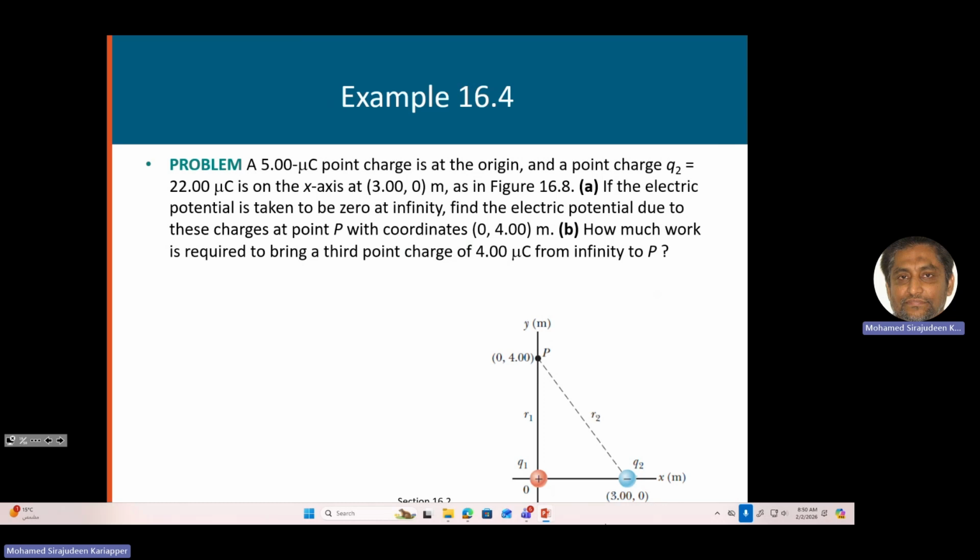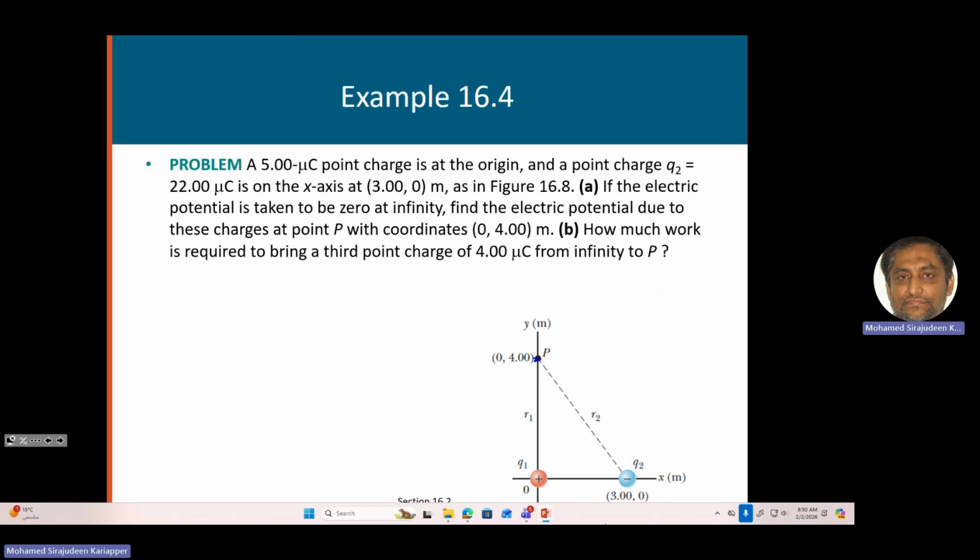Simple question. If you asked what is the electric field at point P, it would have direction, and then we would need vector algebra. But here, no vectors, simple addition. Even though it's a scalar, it can have a sign, so you should not forget the sign.